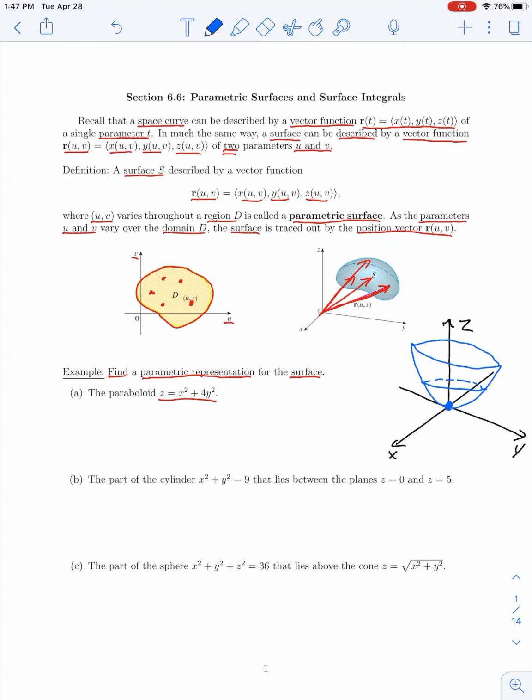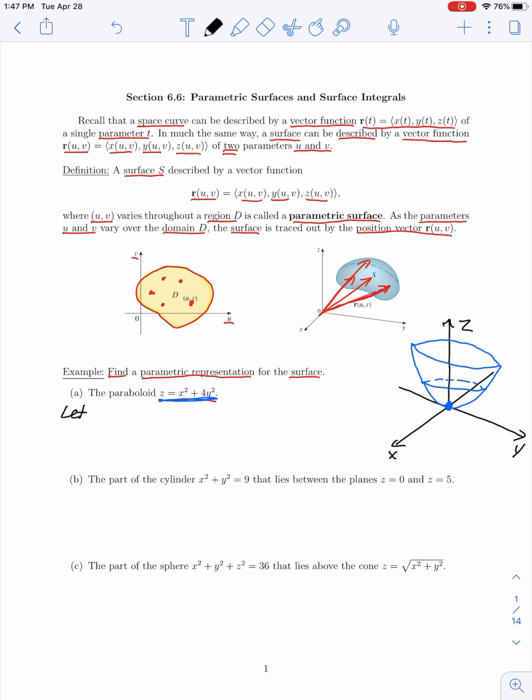So this type of problem, where the surface is the graph of a function of two variables, here z is a function of x and y, has an easy parameterization. So we need to choose how we're going to define x, y, and z in terms of u and v, these parameters.